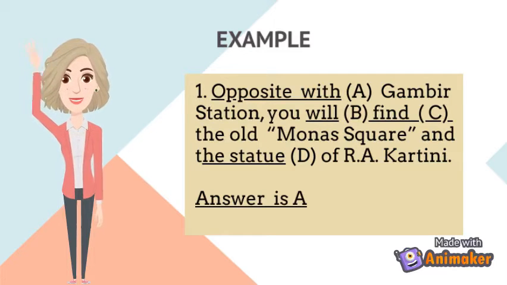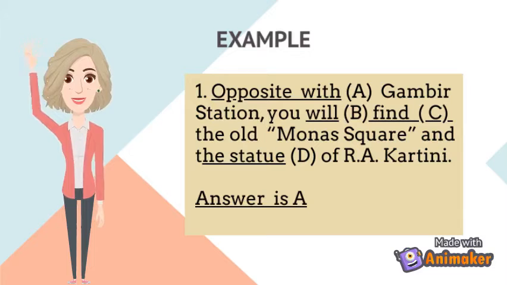Opposite with is underlined and marked with the letter A. Will is underlined and marked with the letter B. Find is underlined and marked with the letter C. And the last, statue, is underlined and marked with the letter D.